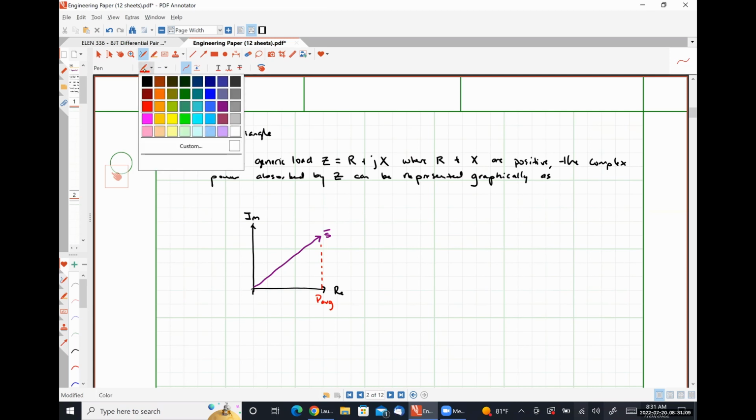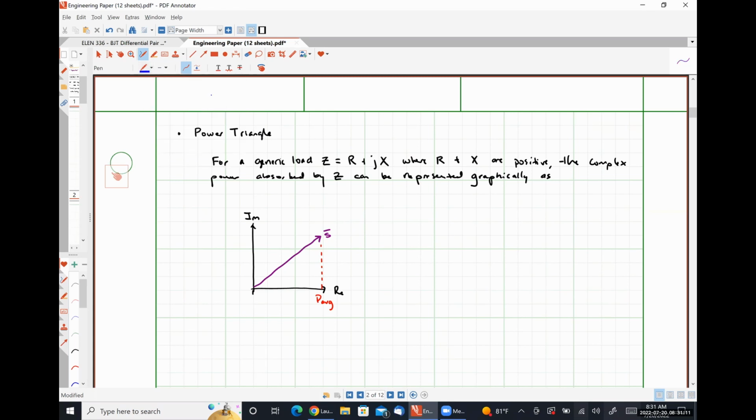The projection of our complex power onto the imaginary axis is simply our reactive power.